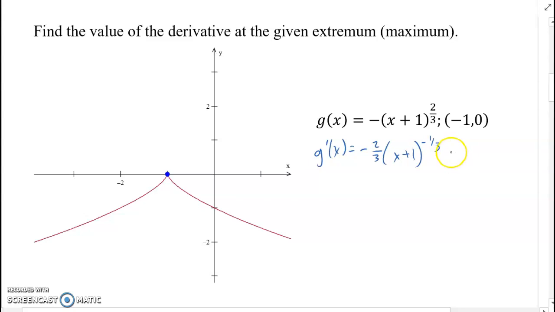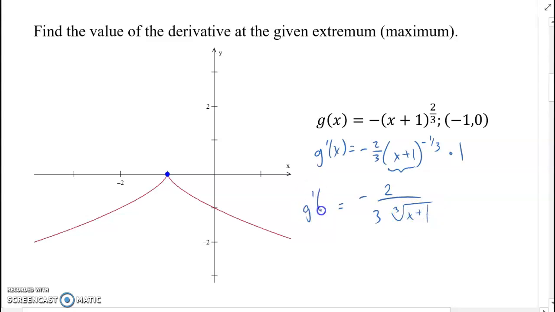Don't forget the chain rule. Actually, if you forget the chain rule in this case, it's okay because the chain rule says multiply by 1 in this case. Again, the derivative of the argument is what we need to multiply by. But the derivative of x plus 1 is simply 1. At any rate, this is the same thing as negative 2 over 3 times the cube root of x plus 1. That is the derivative.